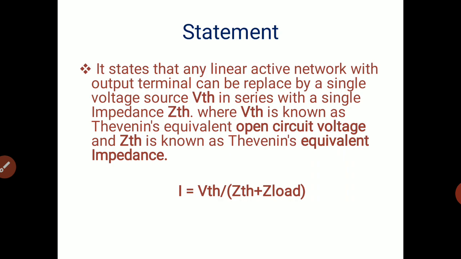So the entire circuit will be replaced by the Thevenin source and Thevenin equivalent impedance, and the load current is calculated by the equation I equals VTH upon ZTH plus ZL, or we can say Z load. So this is the statement of Thevenin's theorem, and here is the equation for the load current, I equals VTH upon ZTH plus ZL.